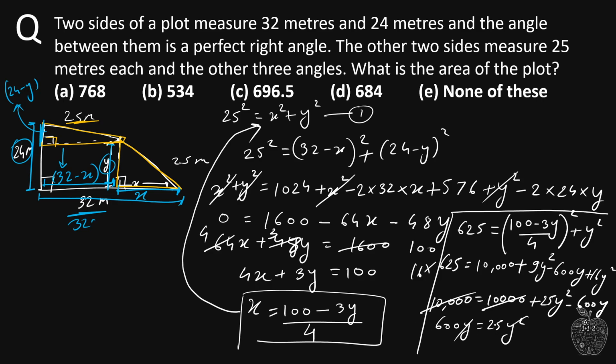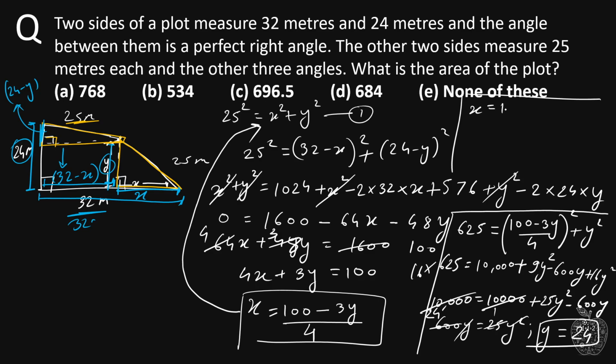We are left with 25 1s are 25, 25 2s are 50. So we have the value of y here, which is 24. Let's find out what x is.